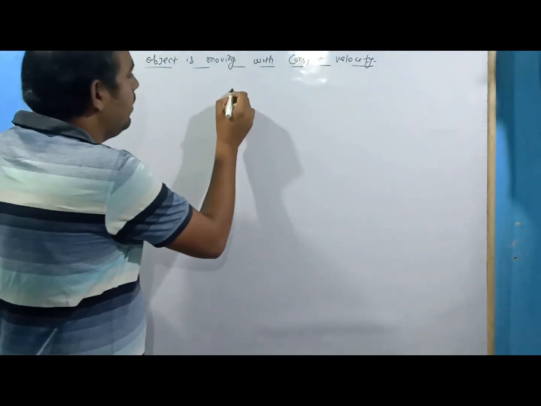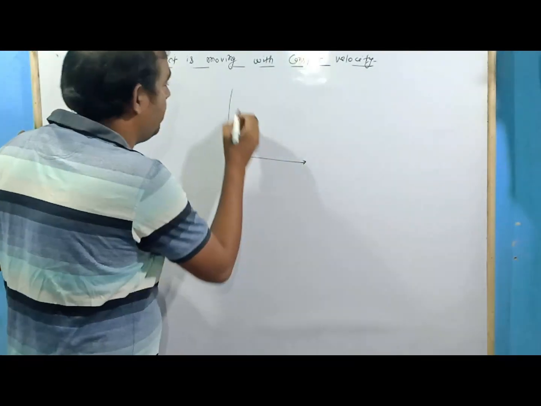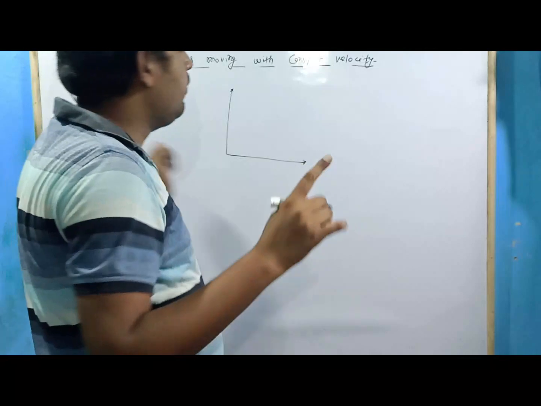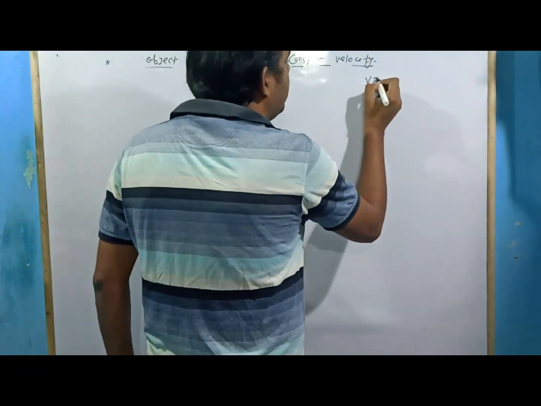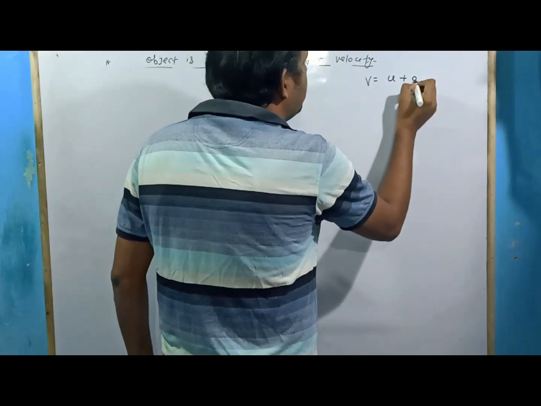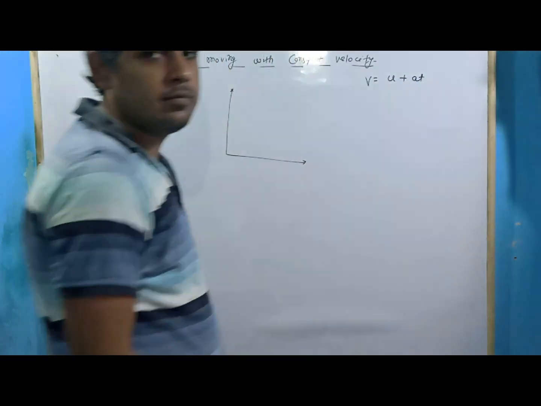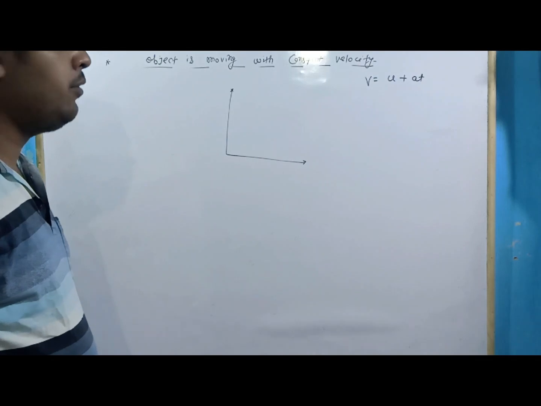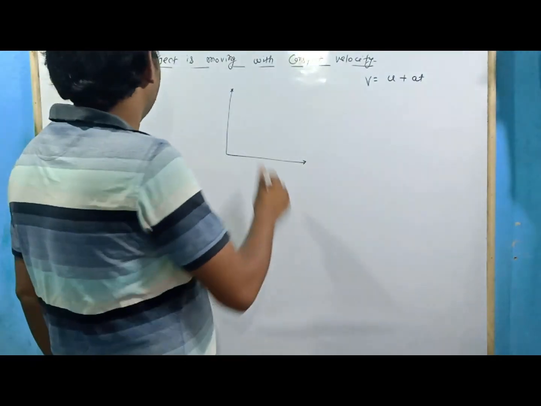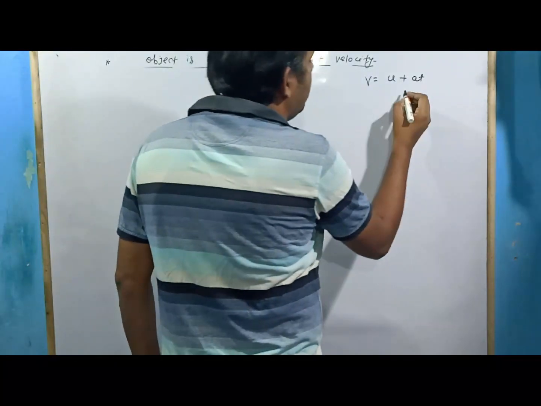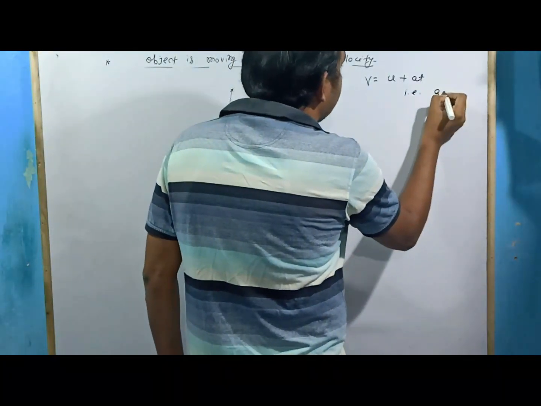So what should be the velocity time graph for such type of motion? Now we have to draw the velocity and time graph. So which equation am I going to use? I am going to use the v equal to u plus at concept. Now what has been given? The object is moving with constant velocity, that is a is equal to 0.